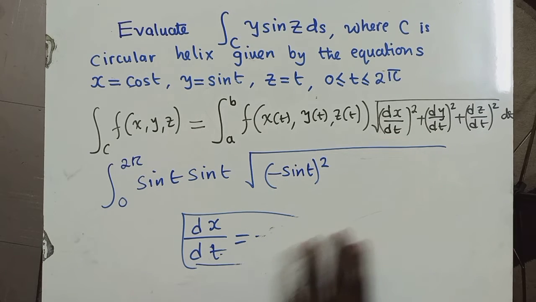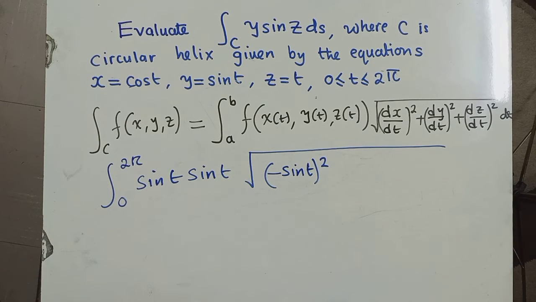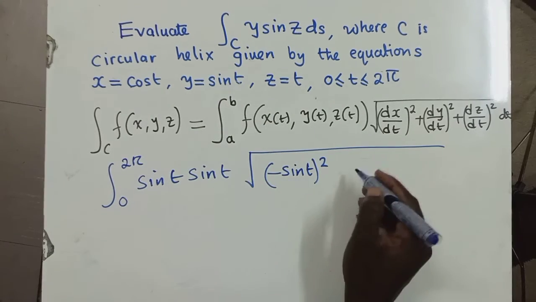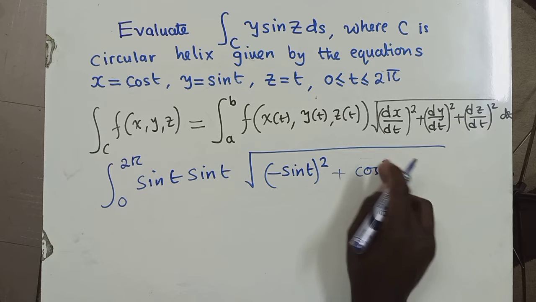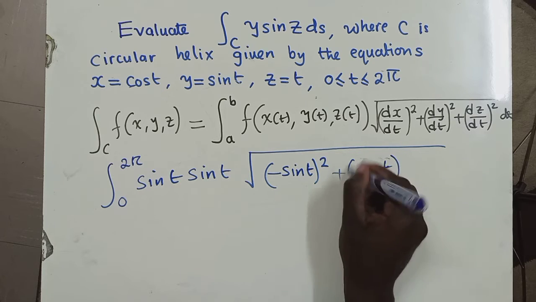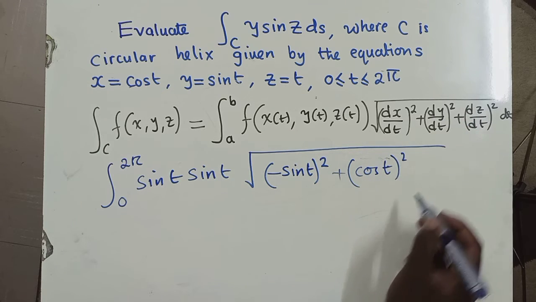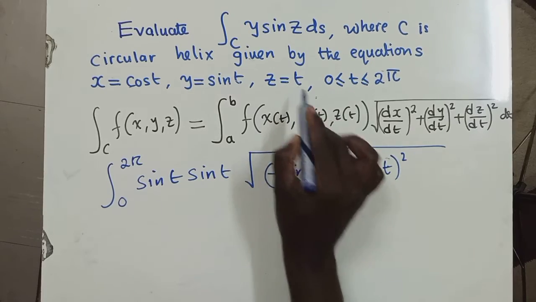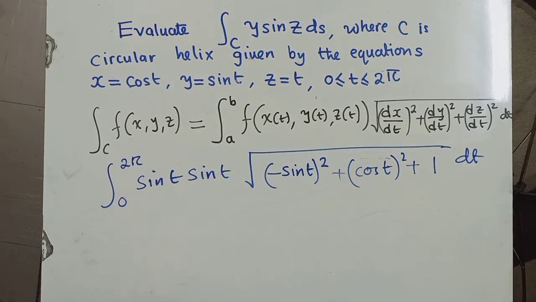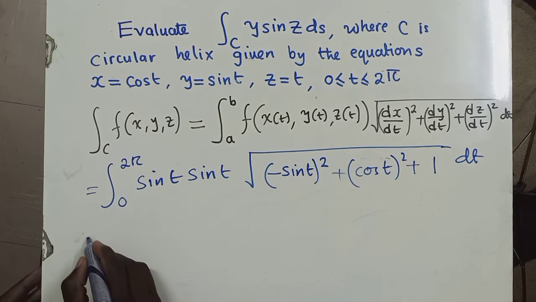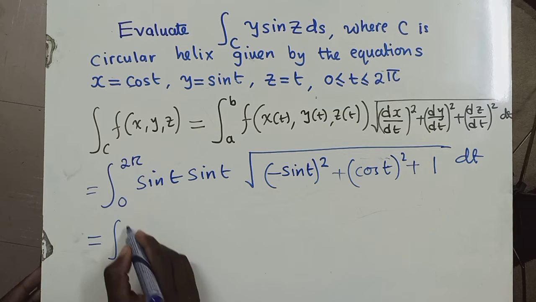The next thing will be to just find the derivative of this stuff, which will just be cos t, and the power 2 will be outside. So put it here. Next will be to find the derivative of this, which is just a 1. And then we say dt. So now from here we can clean up things.